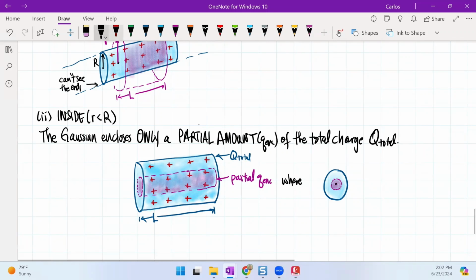This one is going to be my radius big R, and this one is going to be little r. So those are my radii.